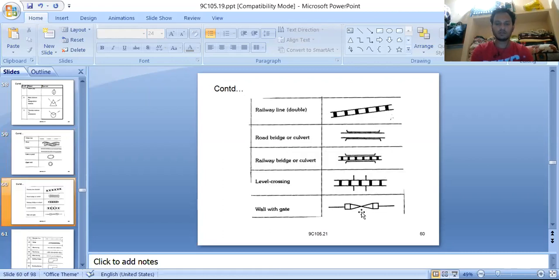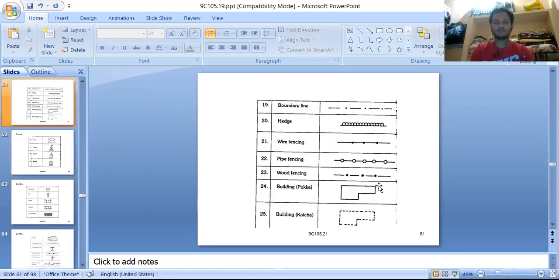This is the symbol for a wall or a wall with gate. This shows the level crossing, where the railway line and bus route intersect. So these are some of the basic symbols which we will use for normal objects.